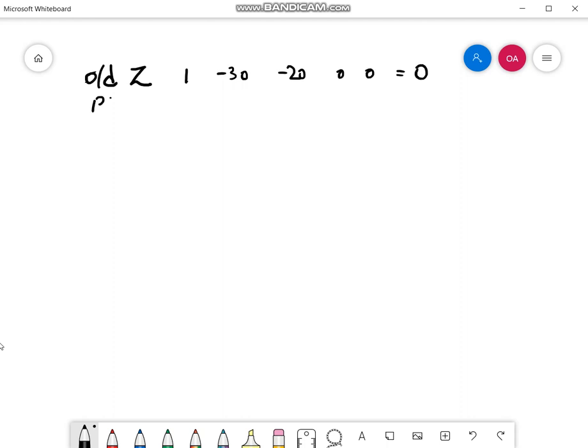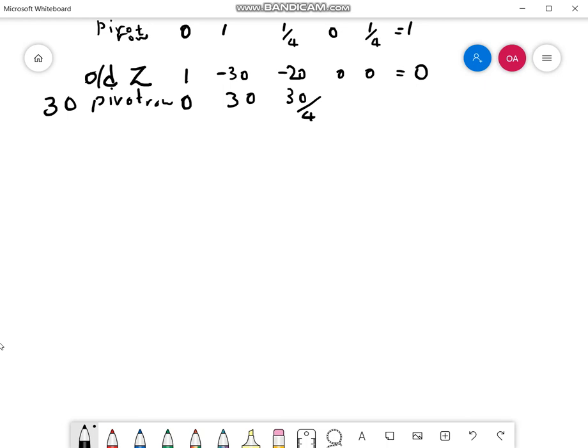And I put here my pivot row, which I'm gonna multiply by 30. So I put the original pivot row, which is 0, 1, 1 over 4, 0, 1 over 4, equal to 1. So 0 by 30 is 0, 30, 30 over 4, 0, 30 over 4, which is equal to 30.